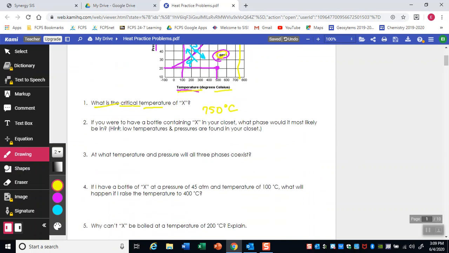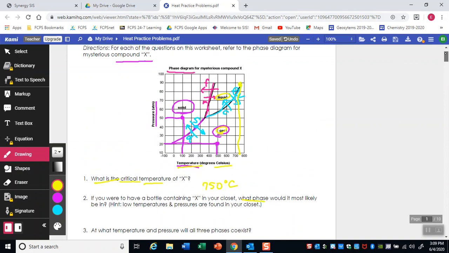The next question says, if you were to have a bottle containing X in your closet, what phase would it most likely be in? The phases are solid, liquid, or gas. If you're in the closet, you've got a low temperature and a low pressure, so that would be down here. In your closet you have about 1 atmosphere, so you're really low pressure.